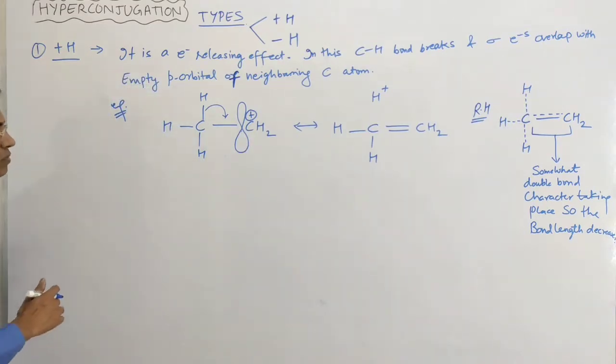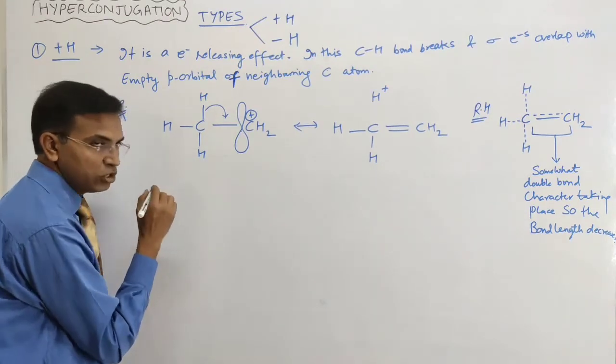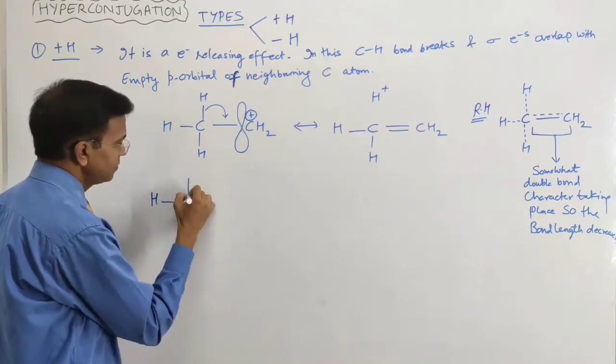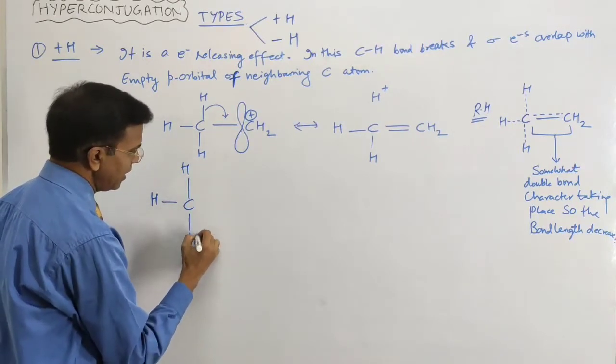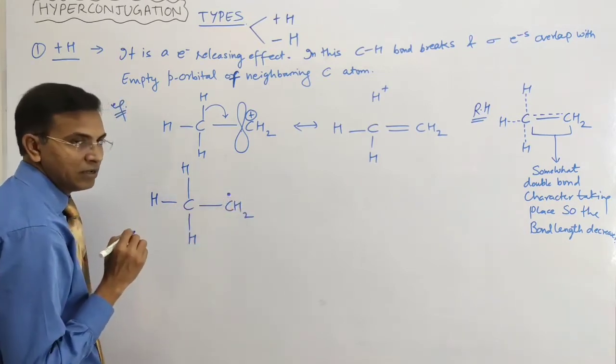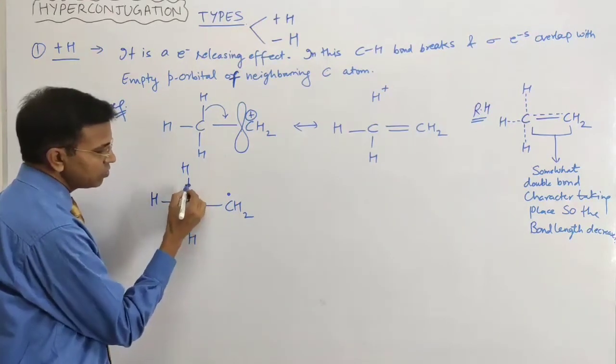So the same condition applies with free radicals. Let me show the free radicals. C, H, H, CH2. This time it is a free radical, right? So it needs one electron, and here are the two electrons.